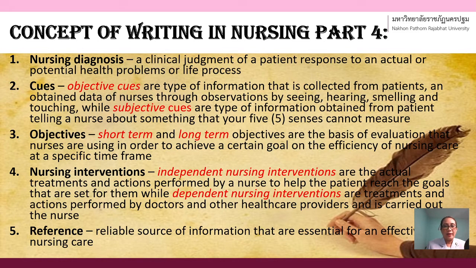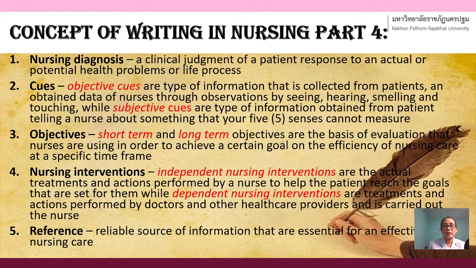Okay. And let's go to objectives. In objectives, there are two types. You should have a short-term objective, which lasts for hours or 2 days, and a long-term objective, which lasts for weeks, months, years, or decades.